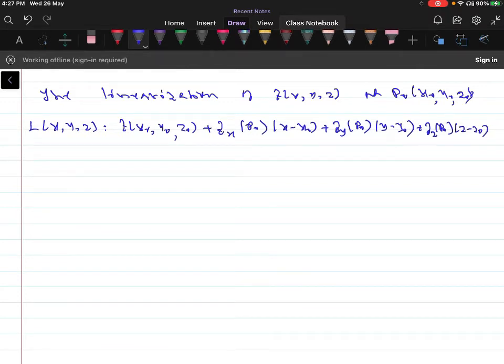So this is called the linearization of the function f, a function of three independent variables.